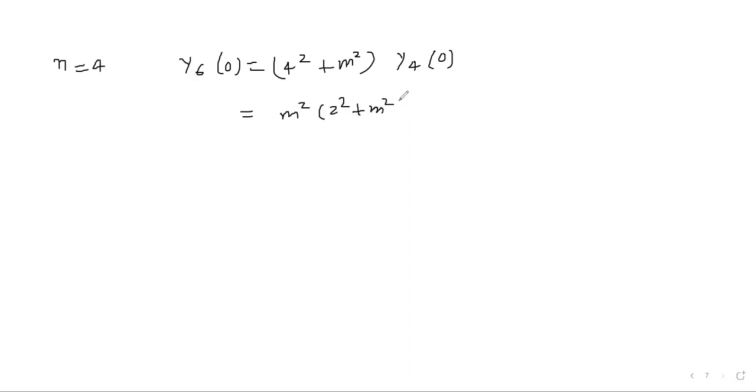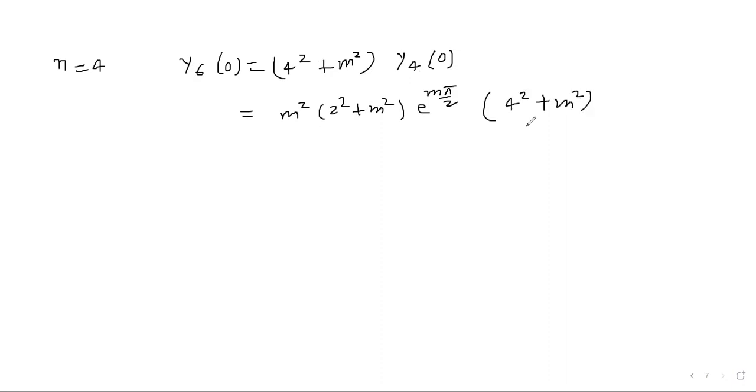So y6(0) is equal to 4 square plus m square times y4(0), and we have the value of y4(0), so we can put it here. So we will get m square times 2 square plus m square, which is the value of y4(0), into e to the power m pi by 2 times this value 4 square plus m square.